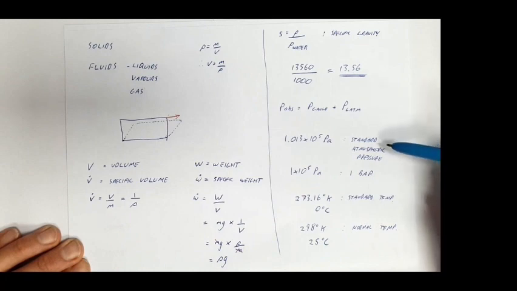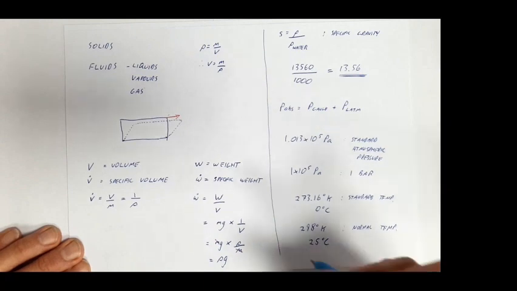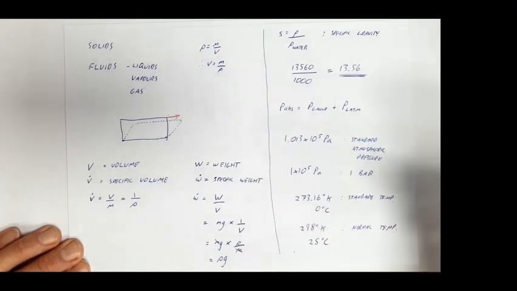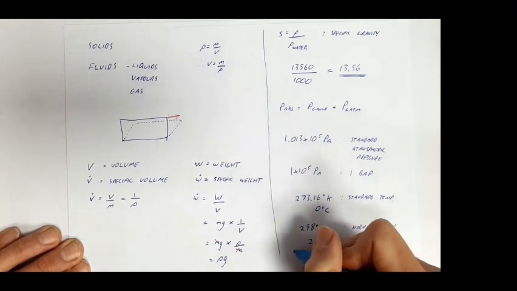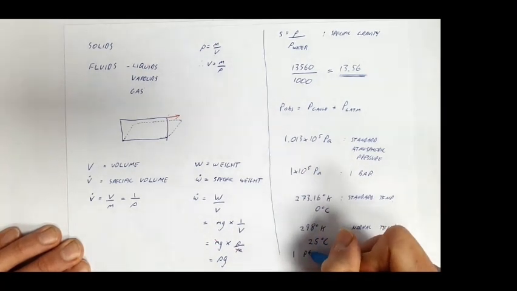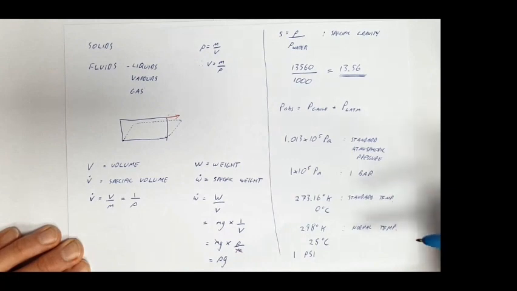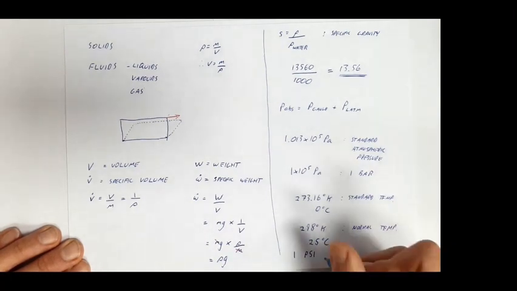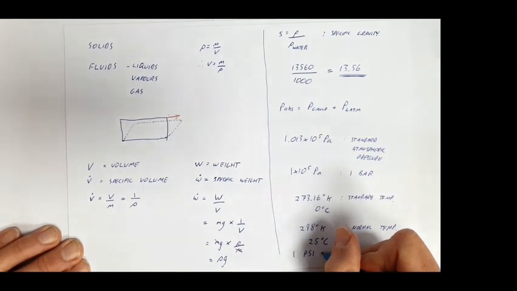So our standard atmospheric pressure, same as our normal pressure, 1 atmosphere, is 1.013 times 10 to the 5 pascals. It's basically 1 bar. But often when we're measuring pressure, we'll talk about PSI, pounds per square inch, particularly if we're dealing with imperial units.